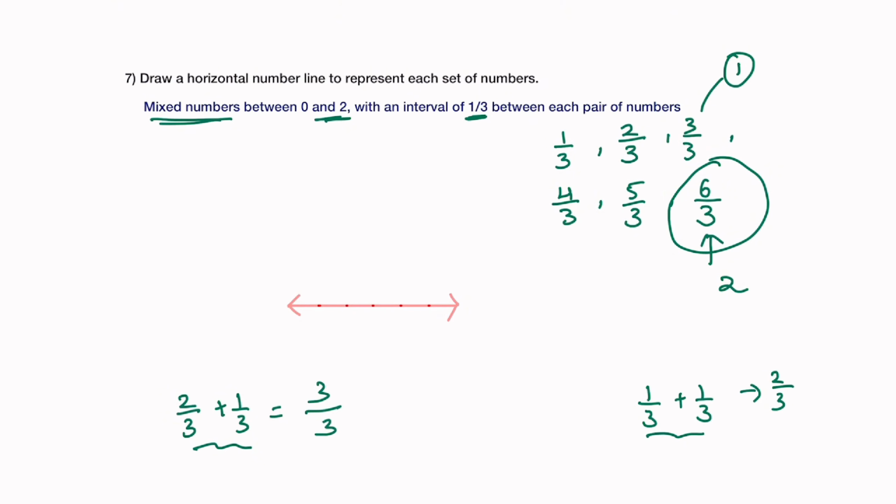So it has to be less than 2, right? So let's plot these numbers. We have 1 upon 3, 2 upon 3, 3 upon 3, 4 upon 3, and 5 upon 3. Yes? Easy? Ready for the next one? Or you want to do it by yourself?